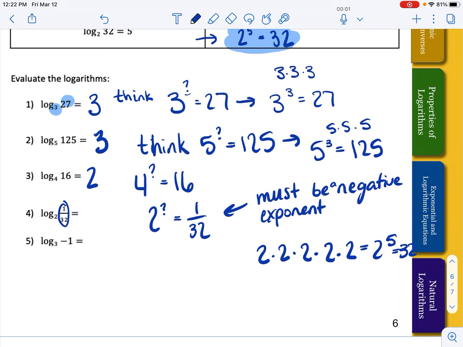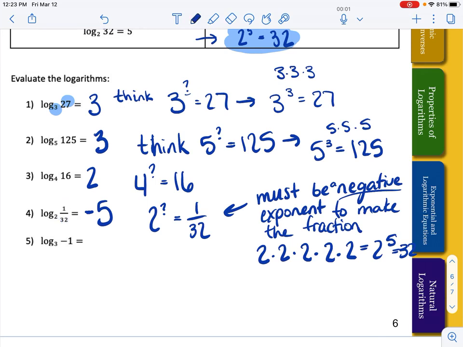So we can get 32, we just don't know how to get 1 over 32. That is the negative there. So we must have a negative exponent to make our fraction. Meaning we already know to make 32, we need 2 to the 5th. So to make 1 over 32, we need negative 5 as our solution there.